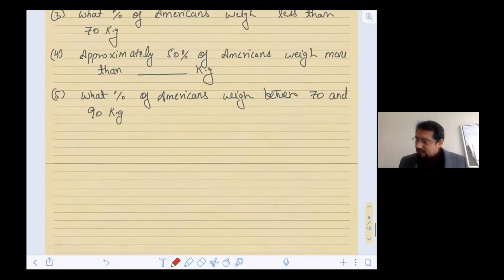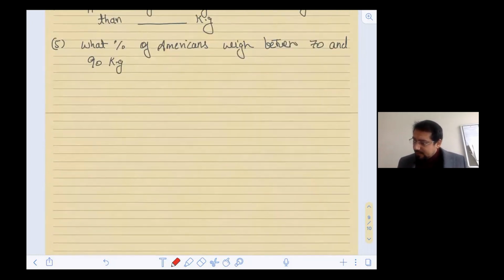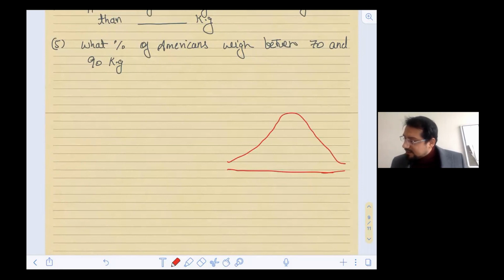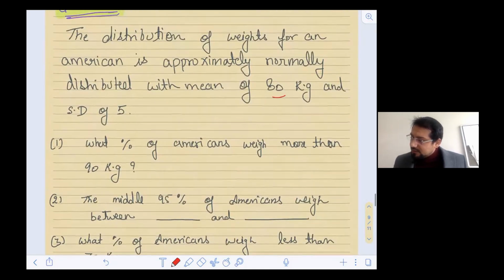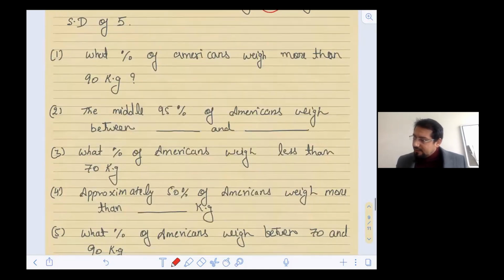So what we have to do is, let me draw the curve. This should be a straight line actually. Okay, so this is my average, which is my mean. My mean is 80, as it is already given in the question. And I want to know 90.